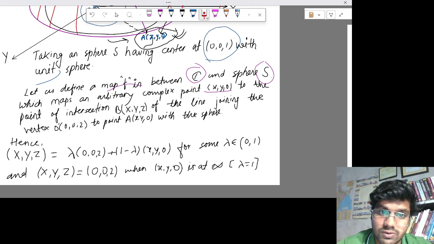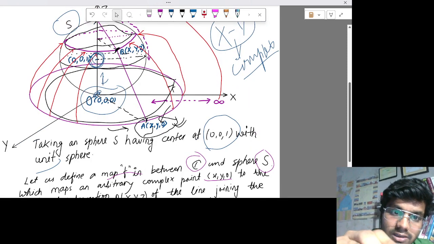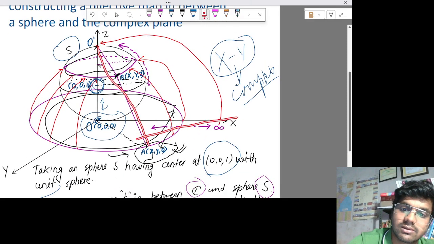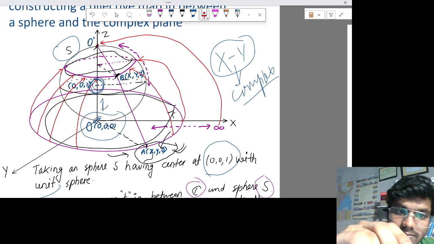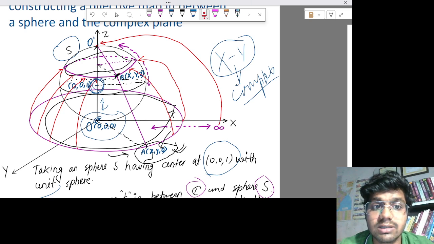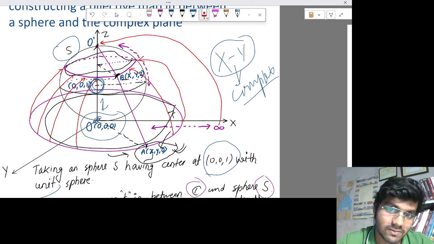When you join the vertex point and the point A and move this line towards infinity, the point goes near the vertex, but it cannot reach the vertex at any finite point of the complex plane.